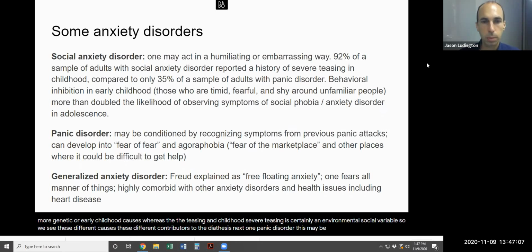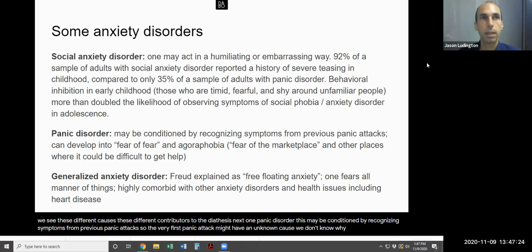This may be conditioned by recognizing symptoms from previous panic attacks. So the very first panic attack might have an unknown cause.